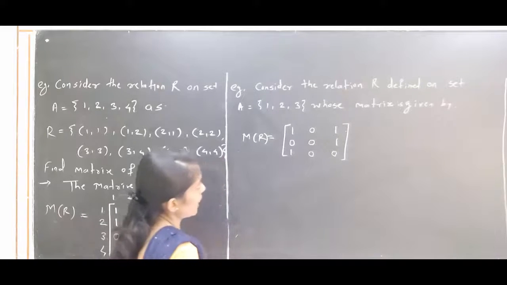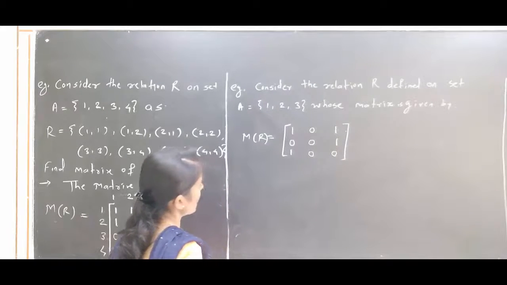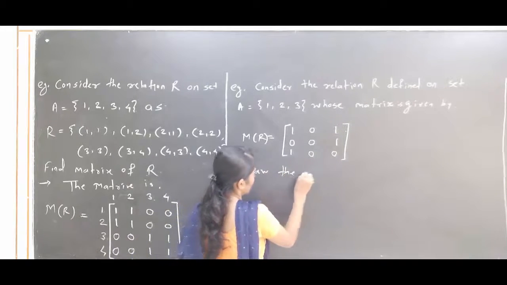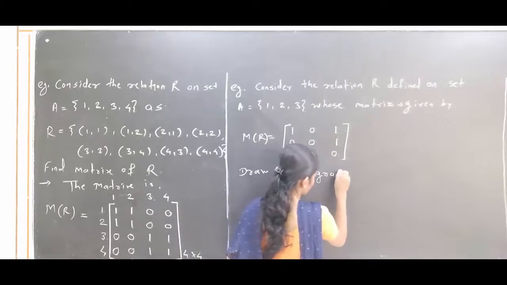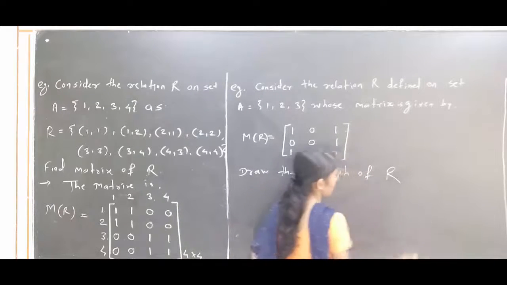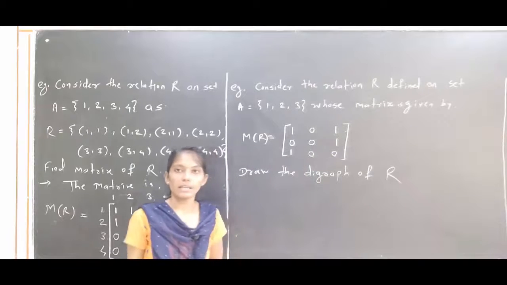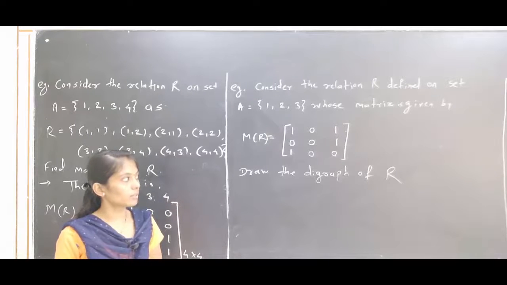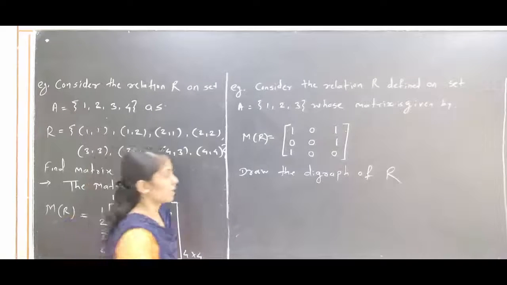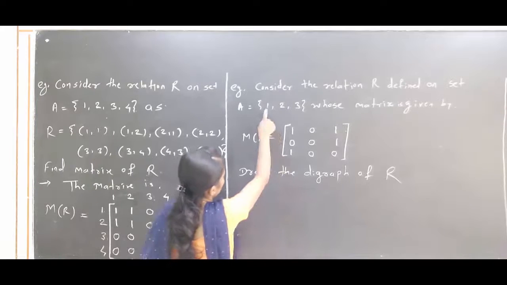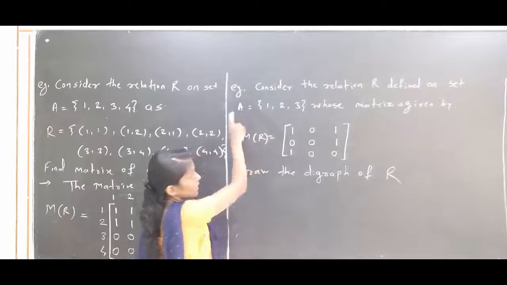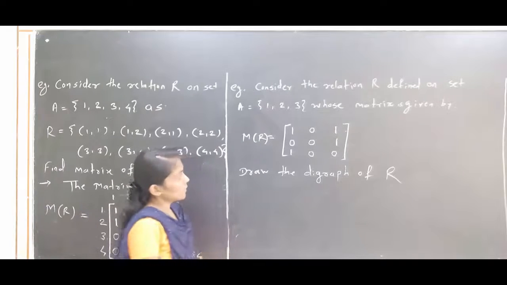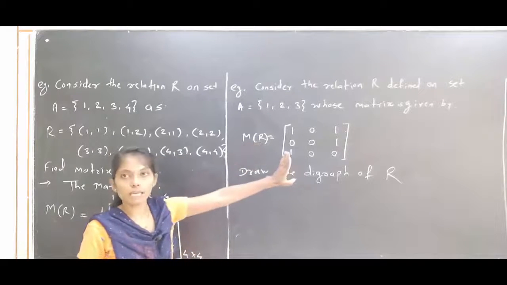Draw the digraph of relation R. So see here, relation is defined on set A and we want to construct a digraph of relation R. The relation is defined from A to A itself, so order of matrix is 3 by 3, right?